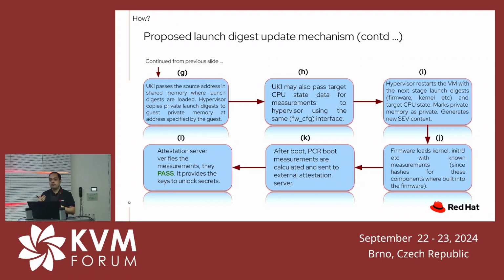Part of the reason is that when the hypervisor restarts the guest with these launch measurements, it has to make that part of the memory private to the guest. So the UKI needs to tell the hypervisor which one is privately mapped and which one is shared. Along with that, it can also tell the hypervisor the target address, so the hypervisor can copy, say, the private launch measurement to that target address in the guest.